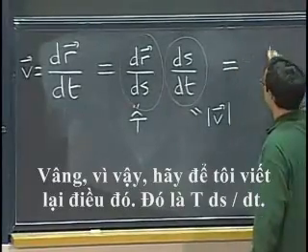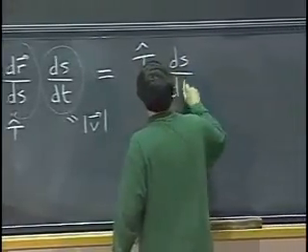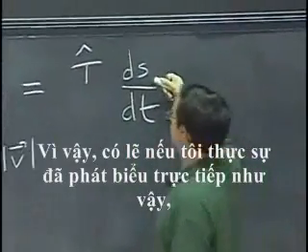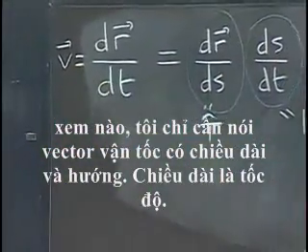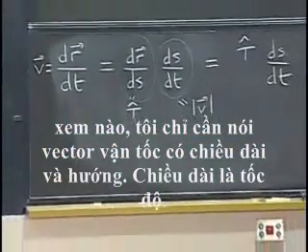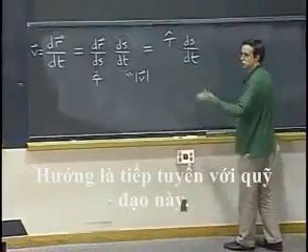Let me rewrite that. It's t ds dt. So if I state it directly that way, I'm just saying the velocity vector has a length and a direction. The length is the speed. The direction is tangent to the trajectory.